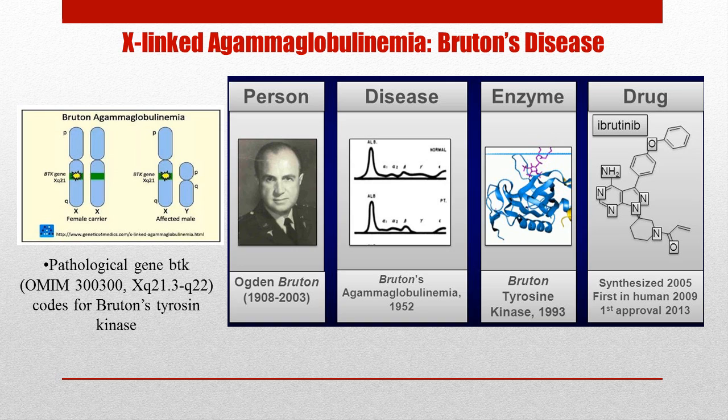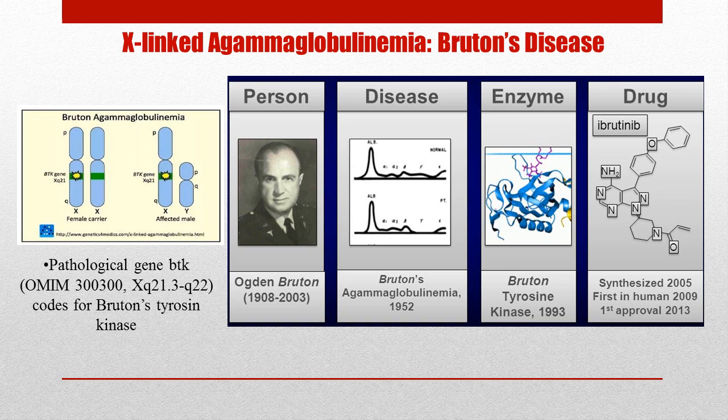An example of primary humoral immunodeficiency is X-linked agammaglobulinemia or Bruton's disease. This disease is associated with a pathological gene BTK, which codes for Bruton's tyrosine kinase.